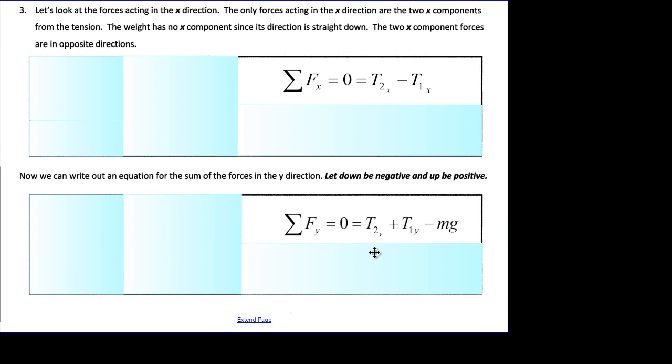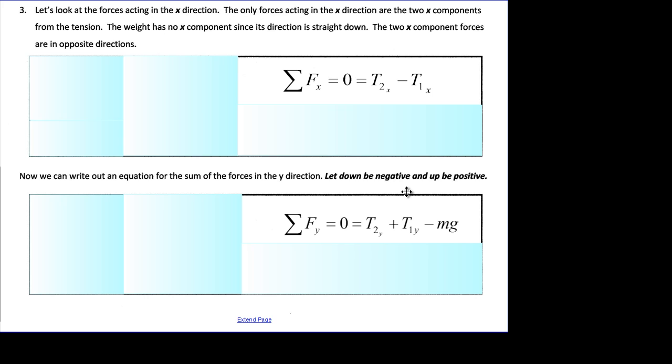Because T2y and T1y are not equal, it makes it impossible to solve this equation. We've got 4 unknown variables: T1x, T1y, T2x, T2y. We need to get those down to 2 variables or 1 variable so we can solve it.